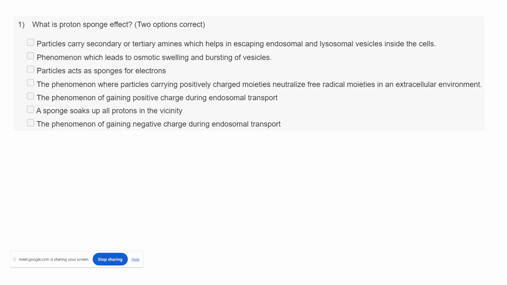Which two options do you think are correct here regarding proton sponge effect? Anyone? 1 and 5. Okay.